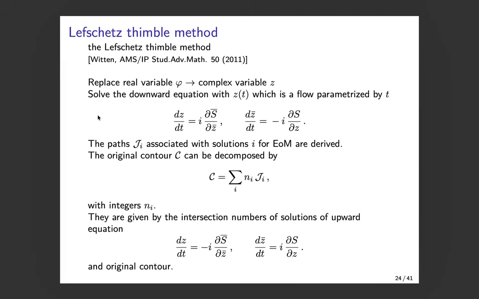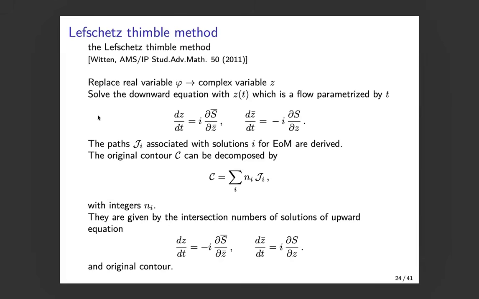This is the generalization of the steepest descent method. When we solve these equations, the path J_i associated with the solution i of the equations of motion is derived. The original contour, the original path integration path C, can be decomposed using these J_i with integer n_i.